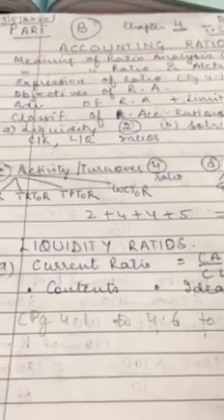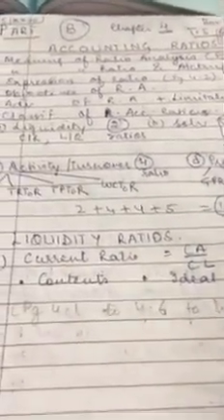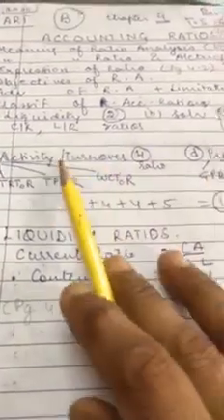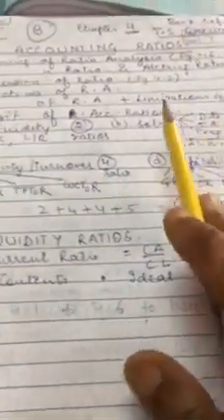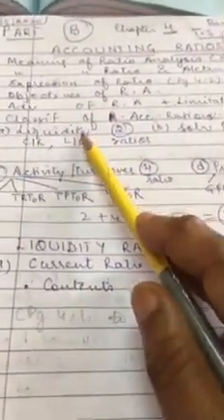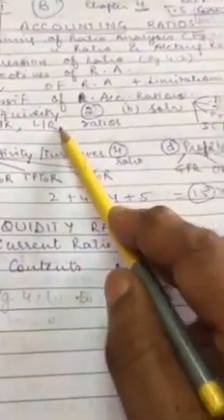Okay, now when we understood the classification of accounting ratios, then we came to know that there are basically four classification of accounting ratio. The first one is liquidity ratio, which includes current ratio and liquid ratio.